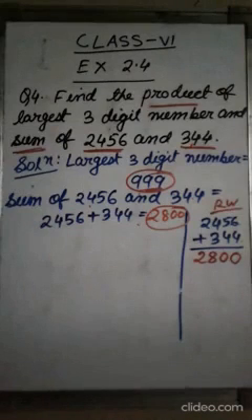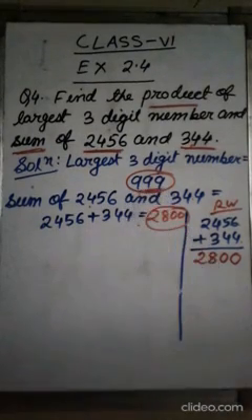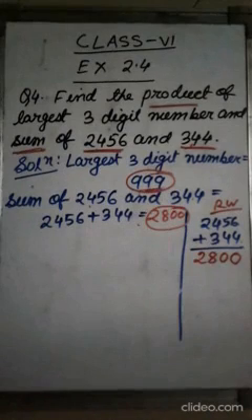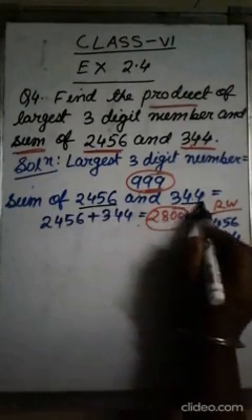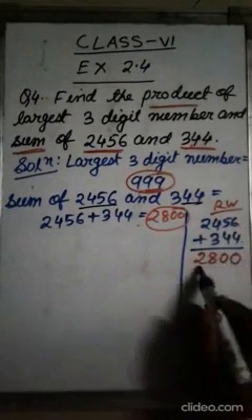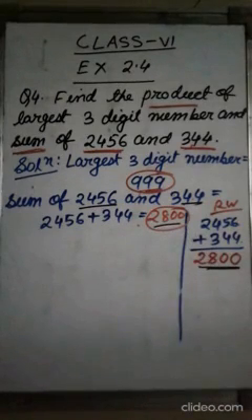Now question number 4. Find the product of the largest 3-digit number and the sum of 2456 and 344. The largest 3-digit number is 999. All of you know about this. The sum of 2456 and 344, I have done the rough work, and it is 2800.